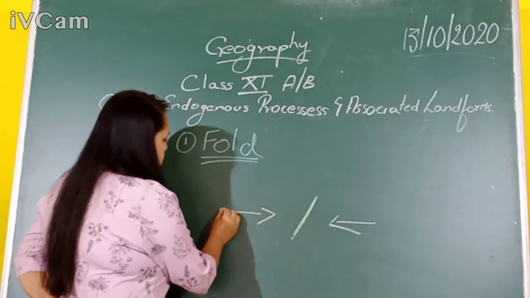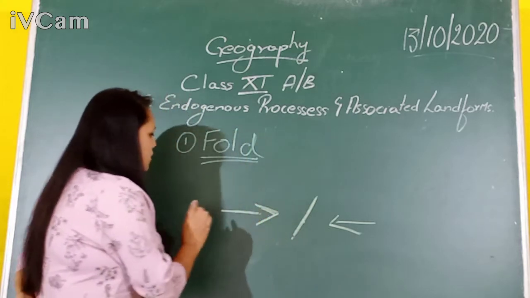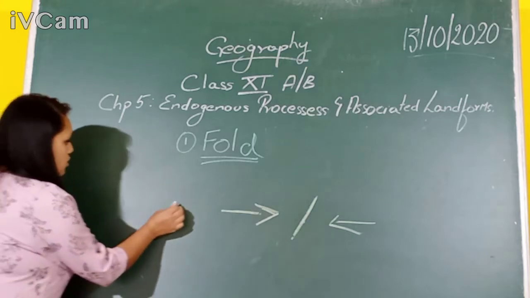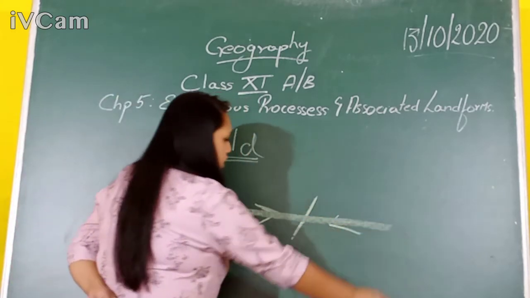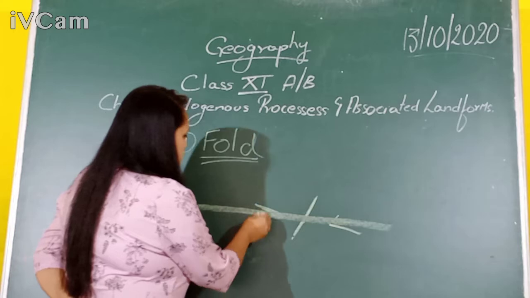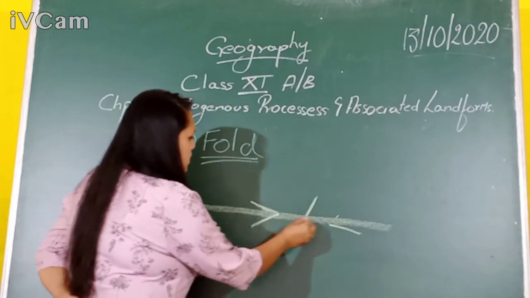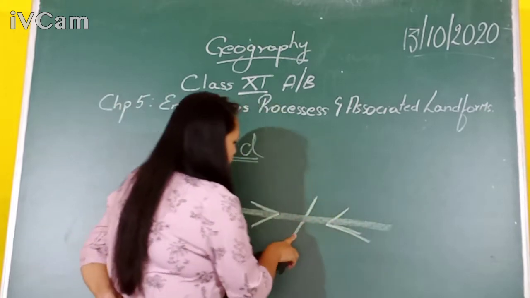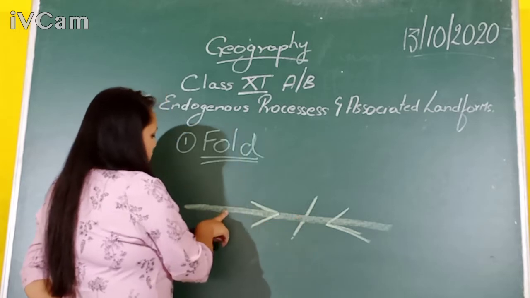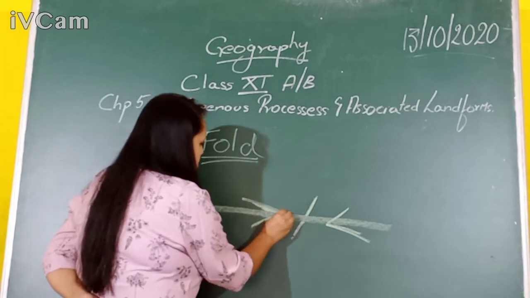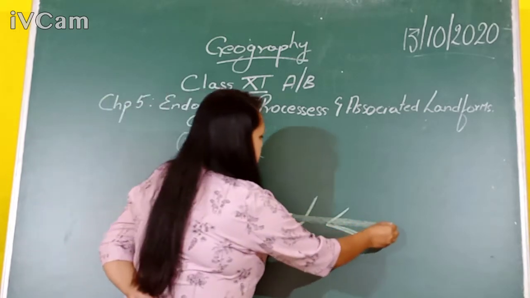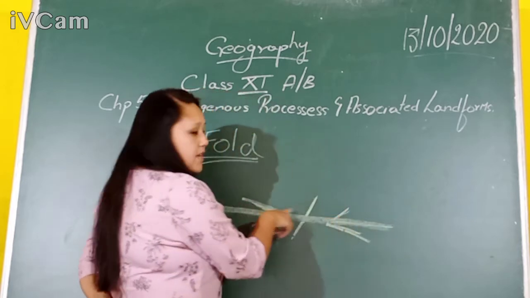Now we are talking about the forces that are acting on the surface of the earth. When the forces are moving towards the same point, that means the force is pushing this landmass towards the right hand side and it is moving towards the left hand side.